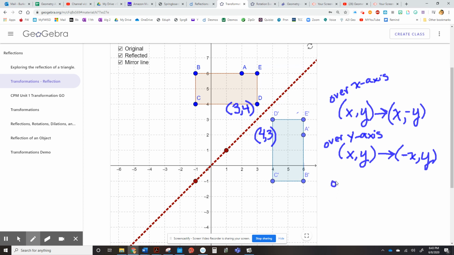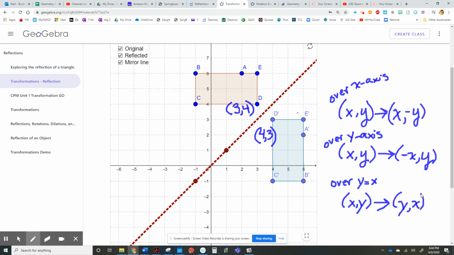So when it's over the y equals x line, the transformation that takes place, or the changes in the points, start off being the point x, y. Then what did it become? It became the point y comma x.